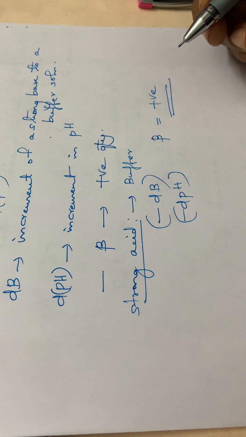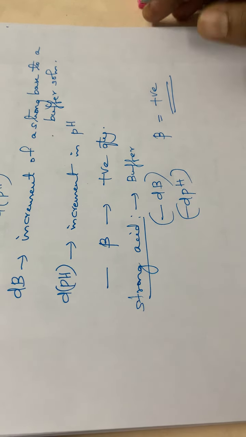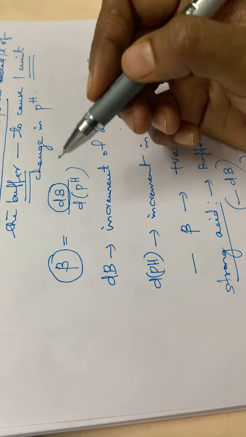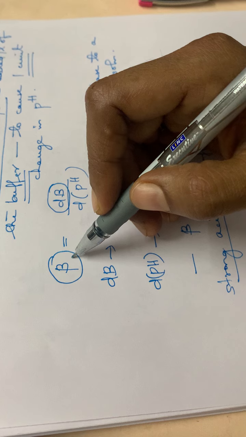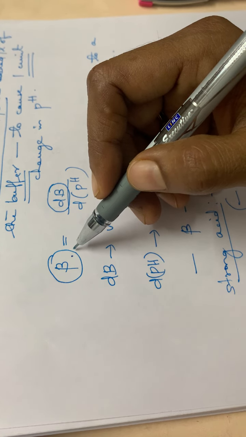So the larger the amount of acid or base required to produce a unit change in pH, see, if this dB value is very high, the buffer index will also be very high, or greater the buffer action, or greater the buffer capacity.